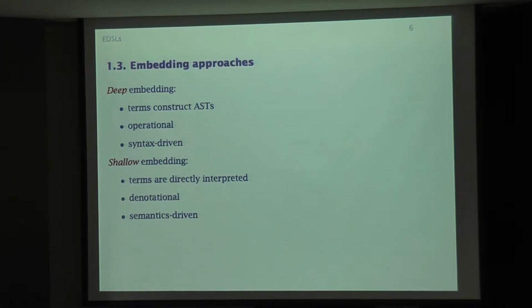You just describe what you want to do, and it just sits there with a description of what you want to do. And when you actually want to interpret that program, then you have to write an interpreter for it. So you take this abstract syntax tree, and then you turn it into collections of signals that control the lights in your theatre.